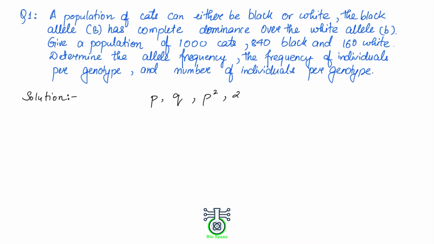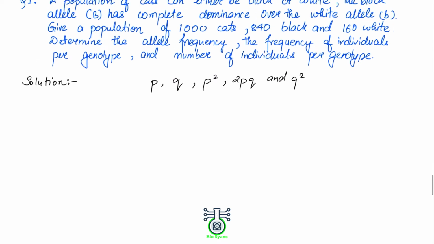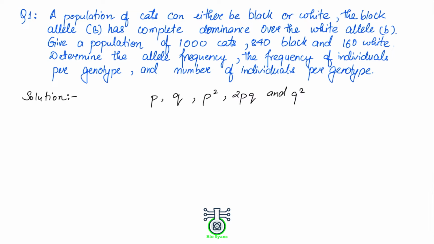In order to solve this, we solve all the variables like p, q, p square, 2pq and q square. Now let's find out the frequency of white cats. Here the homozygous recessive genotype is going to be small b small b.